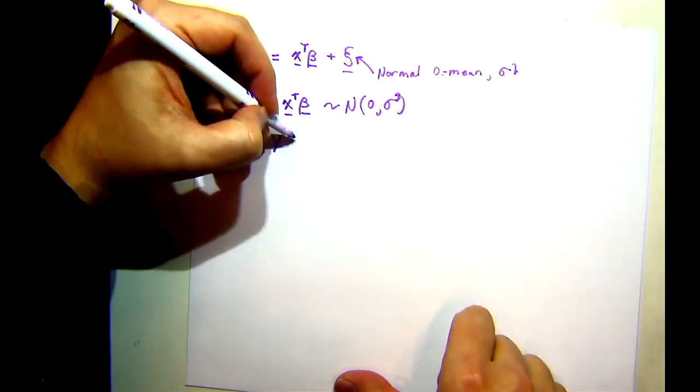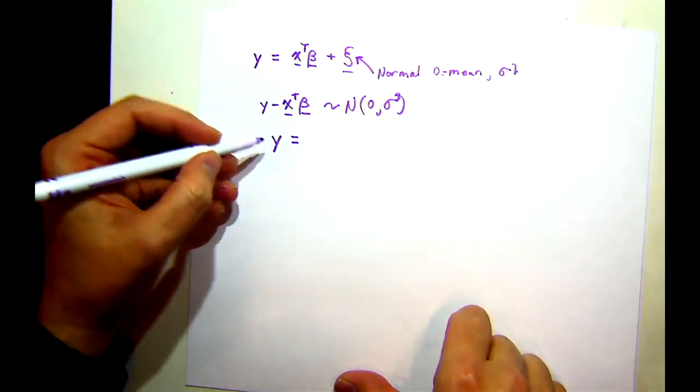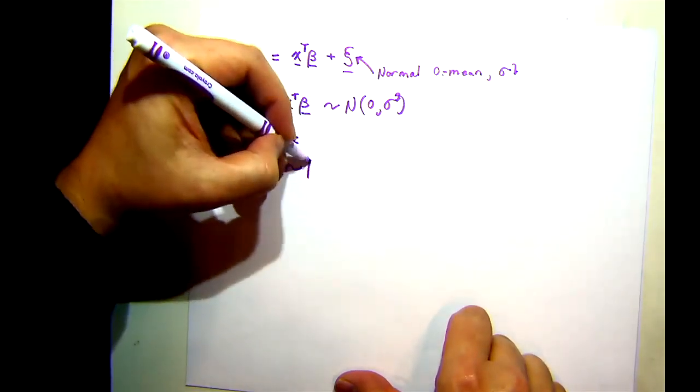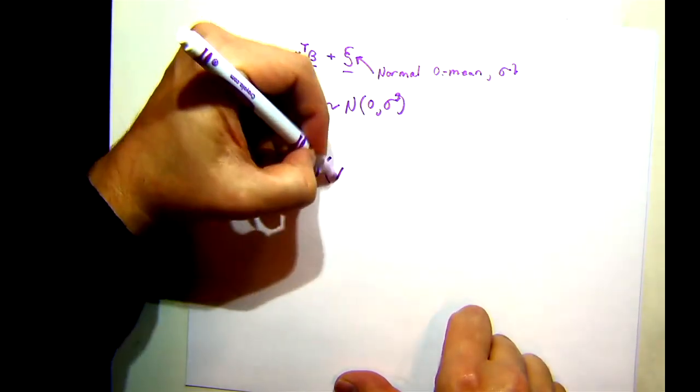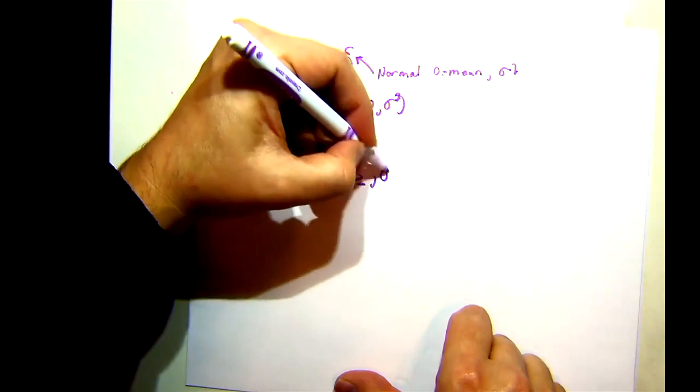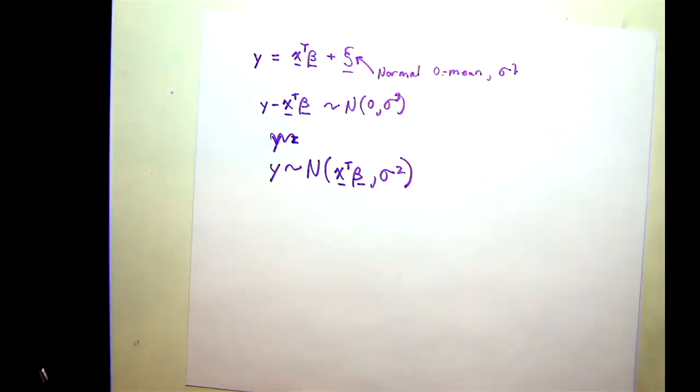Using the same logic, we can say that y follows a normal with mean xb and sigma squared. You can look at it either way. Either you could say the normal has a mean of xb, or you could say that y minus xb follows a normal with 0. We're just moving the means around there. That's standard things you can do with probability.